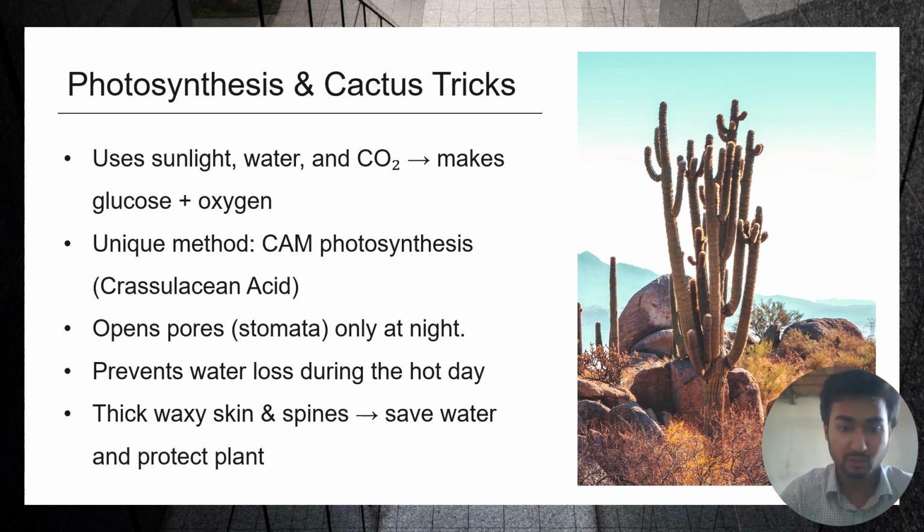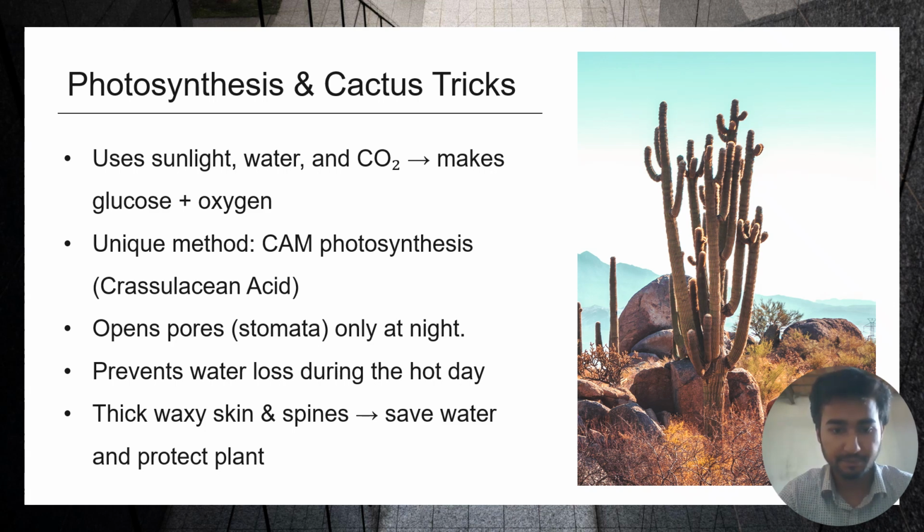In the day, it does not open its stomata to preserve its water. If it opens stomata during the day, it will become hard to preserve water because, as you know, they are often in very harsh conditions where there's a serious lack of water. So by opening pores only at night, it prevents its water loss.